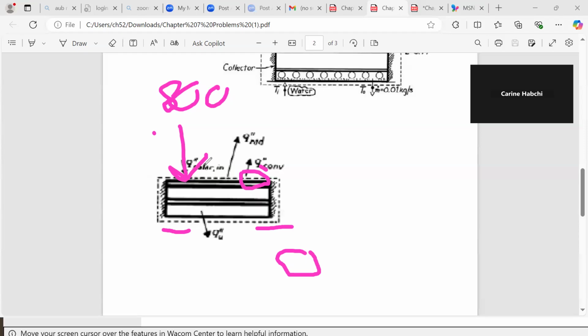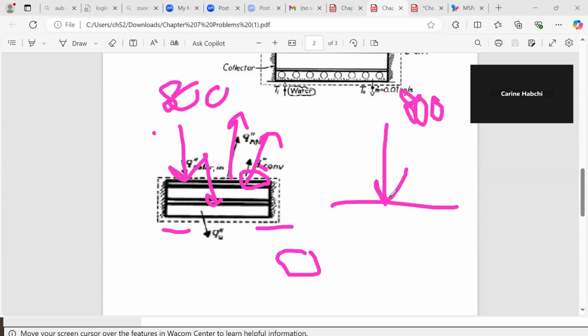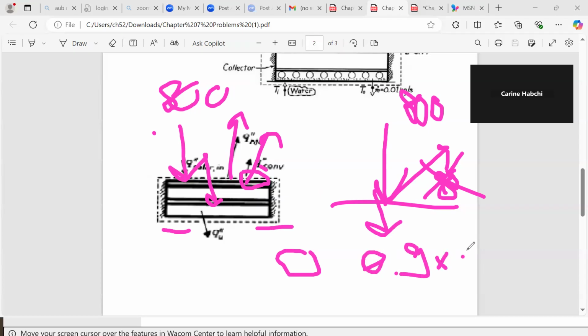If I want to divide things, first you have an incident flux of 800. You have one part that is reflected, 10%, so 80 is reflected. We lost this part. So what was the part absorbed? 0.9 times 800.